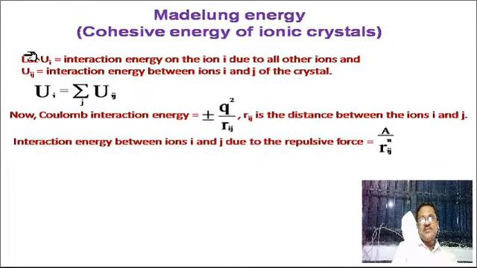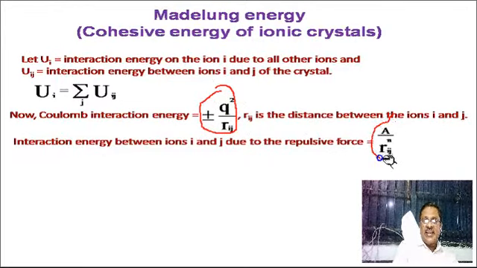So plus or minus q square upon Rij is the attractive energy and A divided by Rij to the power n is the repulsive energy.